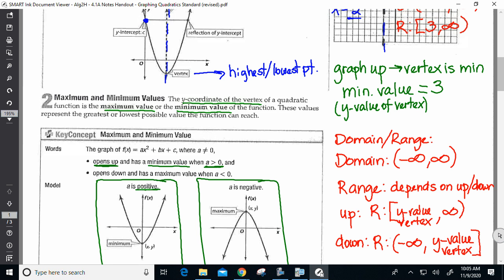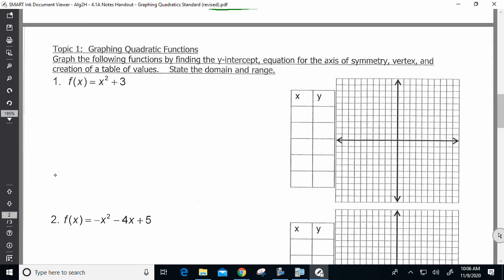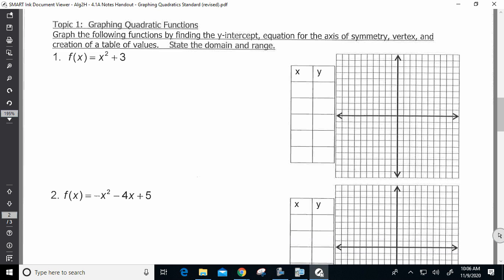Of course, if you get stuck on any part or you need to see it again, the video will be uploaded to Google Classroom. That way you can view it as much as you need to. But let's go ahead and do a graph ourselves. So make sure your graphing calculator is nearby. We will be using it.